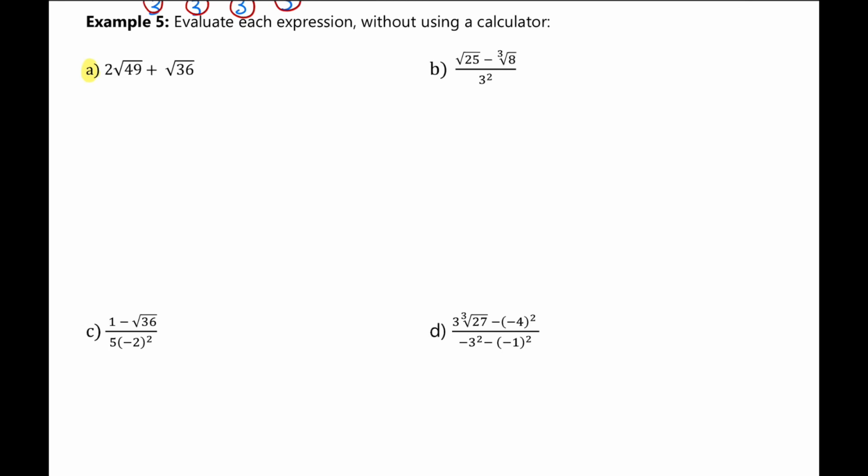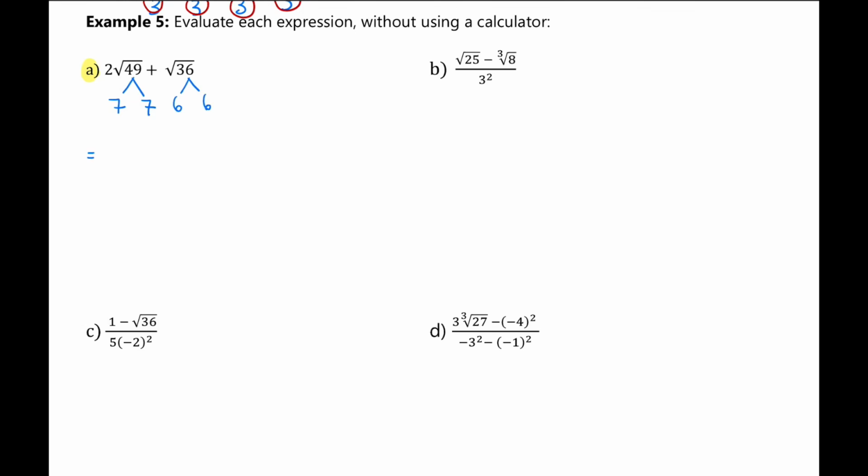The first thing we would do is simplify the square roots if we can. So we have 49. We know that that's 7 times 7. We also know that 36 is 6 times 6.